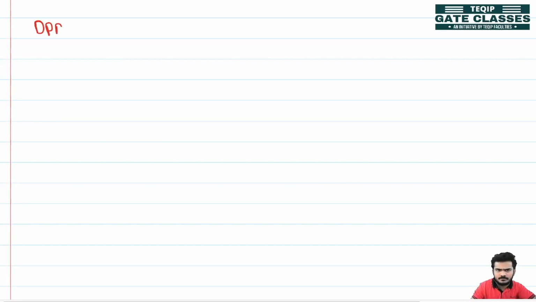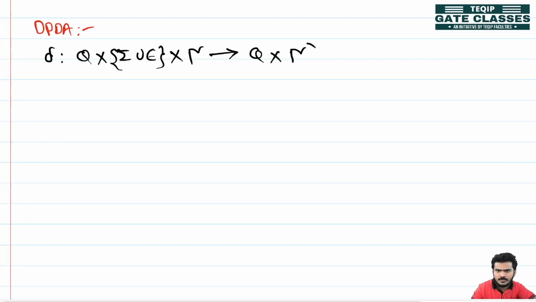The transition function is defined using delta, so it will become Q times summation or epsilon, and again the stack alphabet, then after that it will give us Q times tau star. I will explain this in detail.